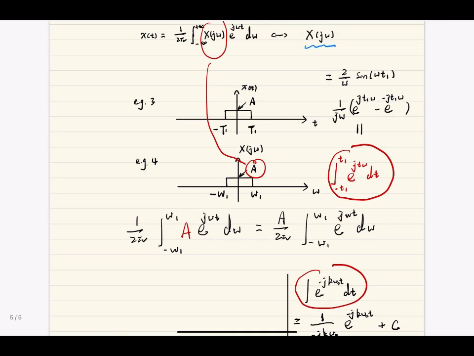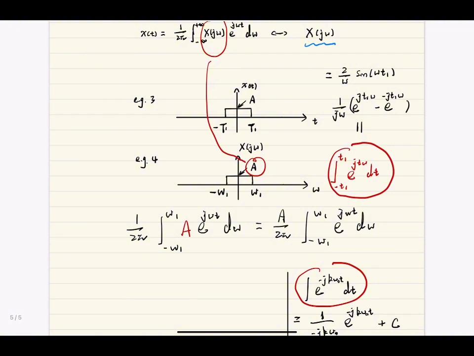Okay, because we changed the variable, we should change back to its original form. So 2 over t sine, here omega is t, t1 is omega 1.